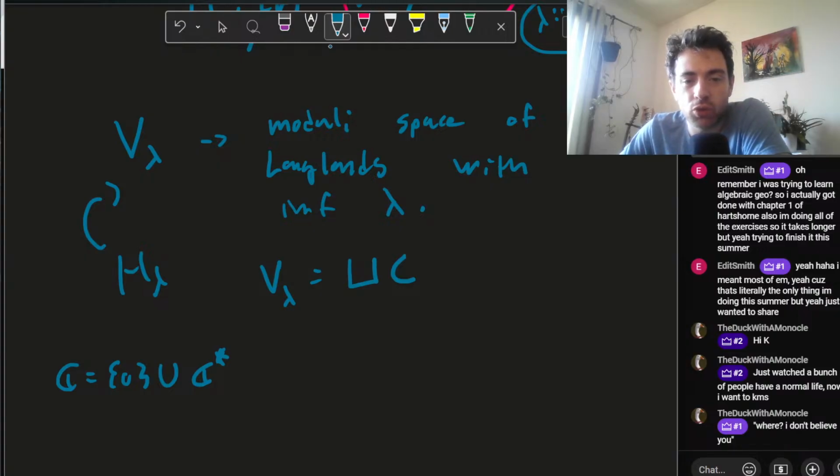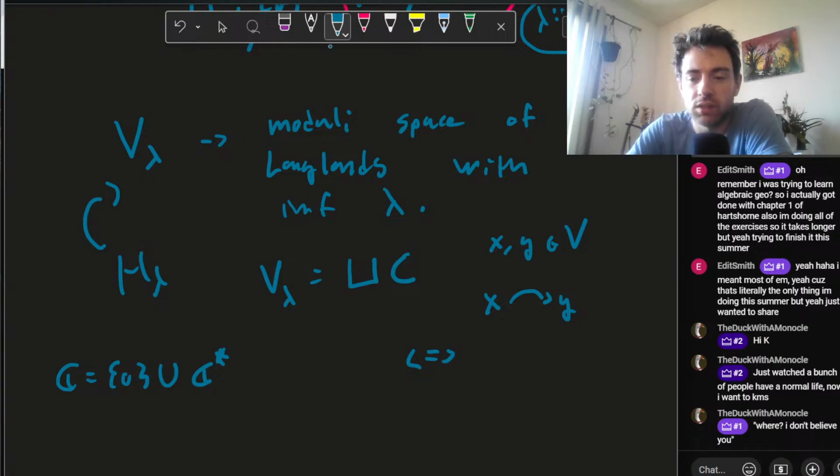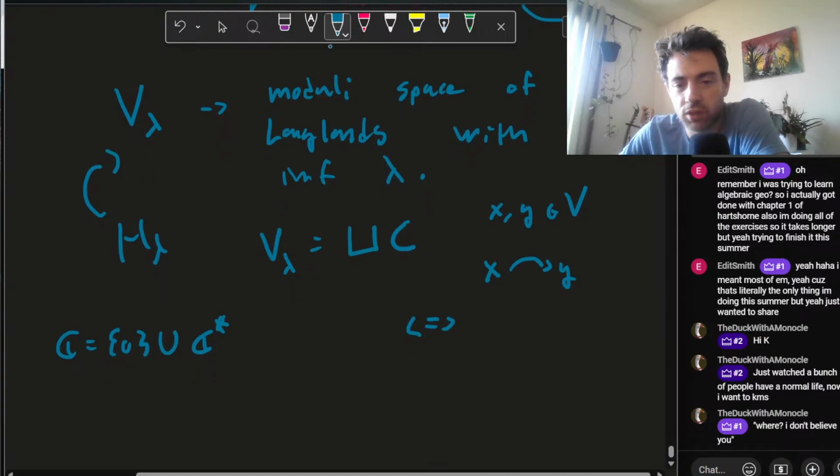And so each of these orbits, the point is that two points in this variety are in the same orbit if and only if the Langlands parameters that they correspond to are equivalent.